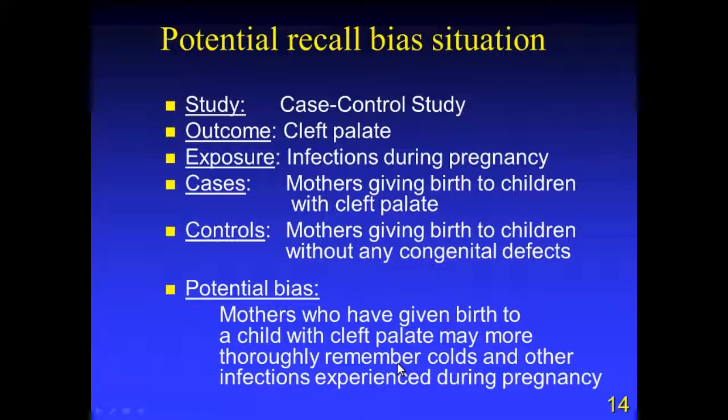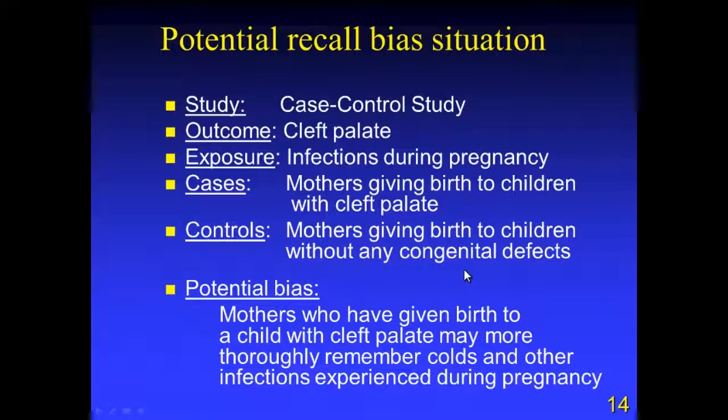The concern we might have is that mothers giving birth to children with cleft palate may have spent a lot of time thinking about their pregnancy and may more thoroughly remember colds and other infections during pregnancy. So it potentially could operate in the way that I just showed you. It could be that cases are more likely to report infections in early pregnancy, maybe more likely than actually occurred, or it could be that the controls misremember or just don't remember what happened.